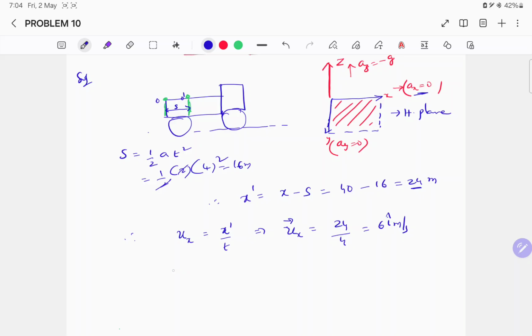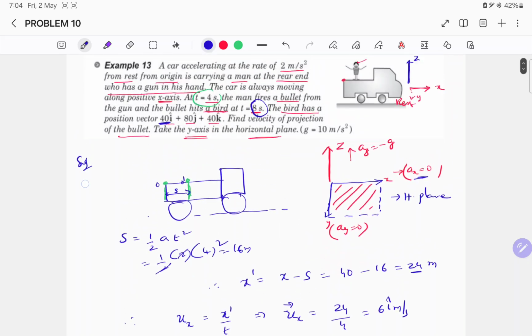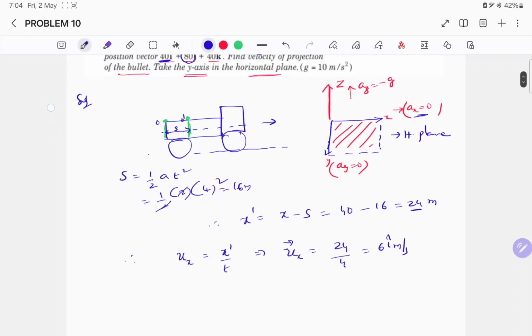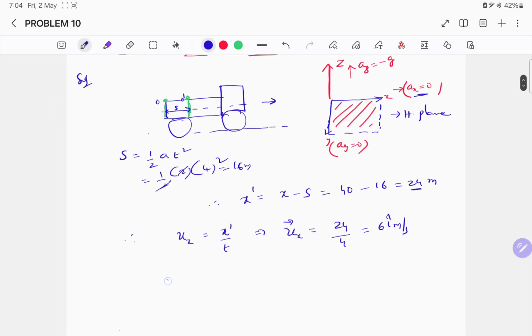Similarly, if you observe, to cover the y coordinate of 80 meters, as the car or trolley is moving along the x-axis, there will be no changes in the distance of the y coordinate of the bird as well as the z coordinate of the bird. So for finding uy, I need to consider the y coordinate of the bird by the time interval.